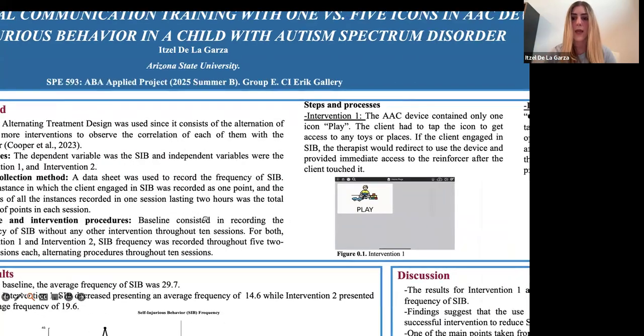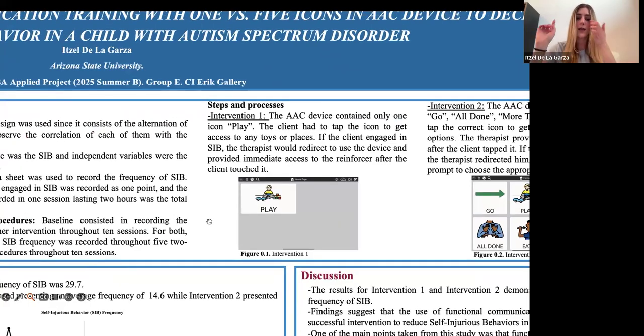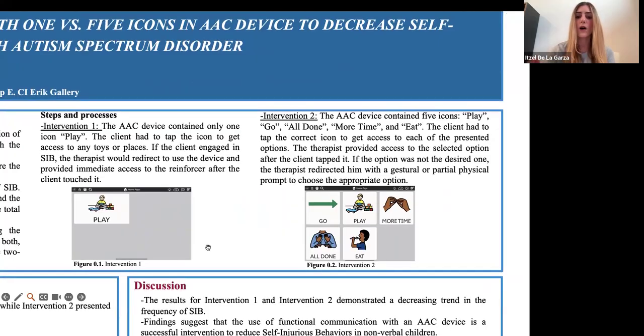Intervention number one consisted of the client having to tap on the AAC device with only one icon. So the icon was play, and when he would press play, he would get access to anything. And intervention number two was the AAC device containing 5 icons: play, go, all done, more time, and eat.